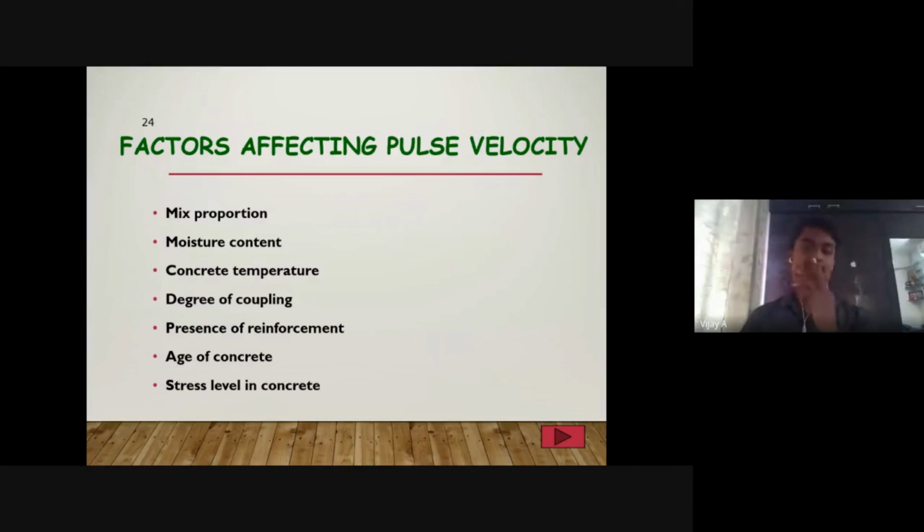And finally, I told you that the third method is time of flight diffraction. It is a technique based on ultrasonic wave travel time and the diffraction produced by the extremities of discontinuities.